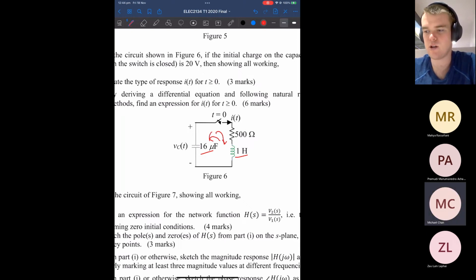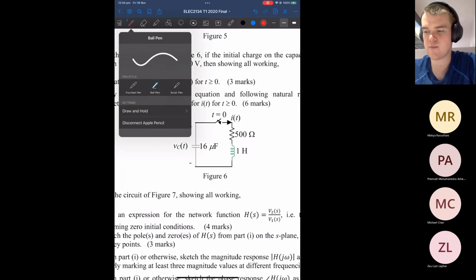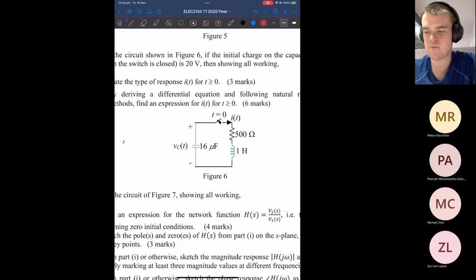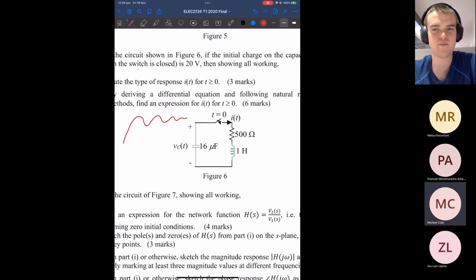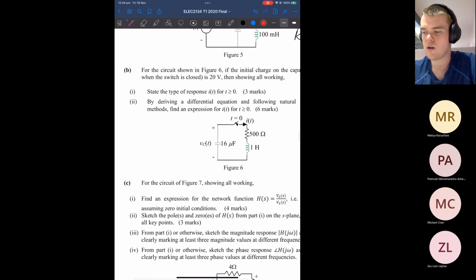So that to me makes it seem like a bit of bouncing. What type of response is that? Underdamped. There you go. So it's small little things that we look at to see if they can help us figure out what it is.